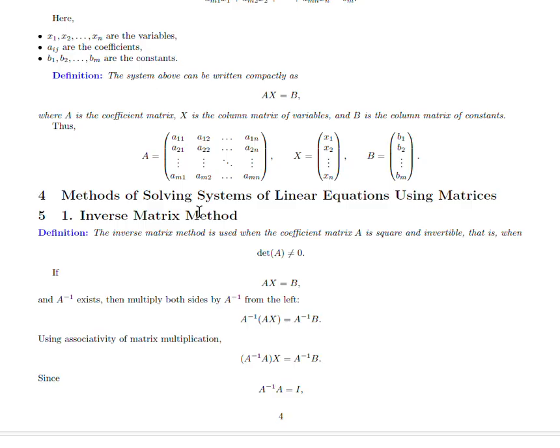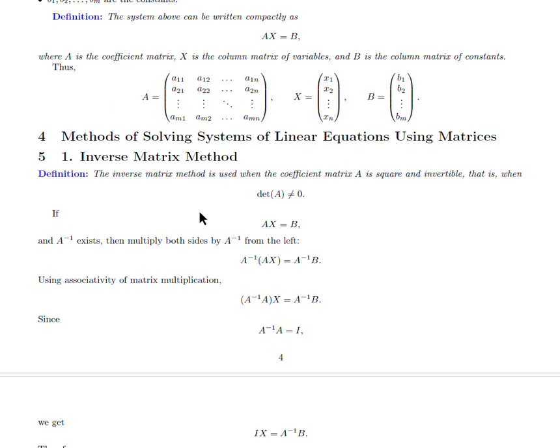So the first method is the inverse method. The bottom line of the inverse method is that once we can get our system to be in this form, AX equals B, and we have verified that the determinant of our matrix A is not 0, then we can get this matrix X, which is the matrix containing the variables, the unknowns, by this, the bottom line: A inverse B. Once you can solve A inverse B, you get X. And A inverse is a special type of matrix relating to A, which we will discuss.